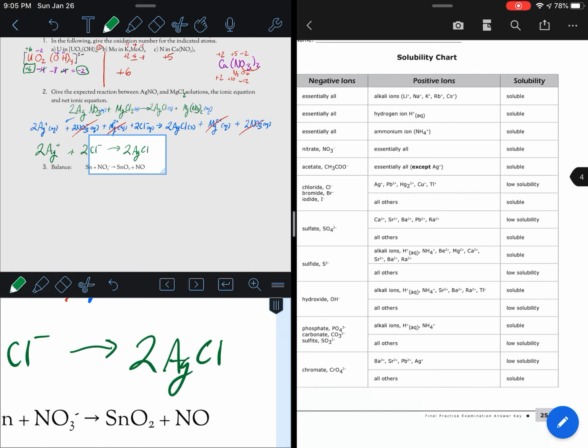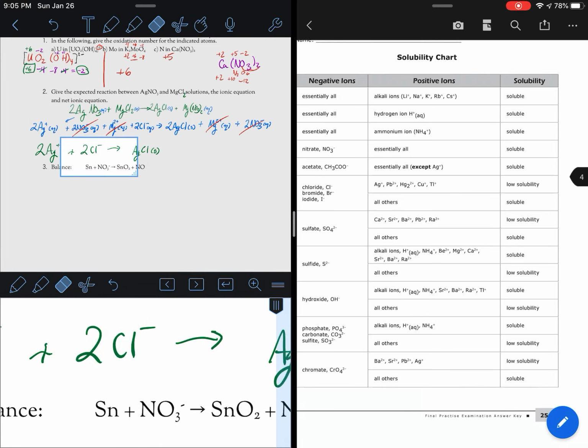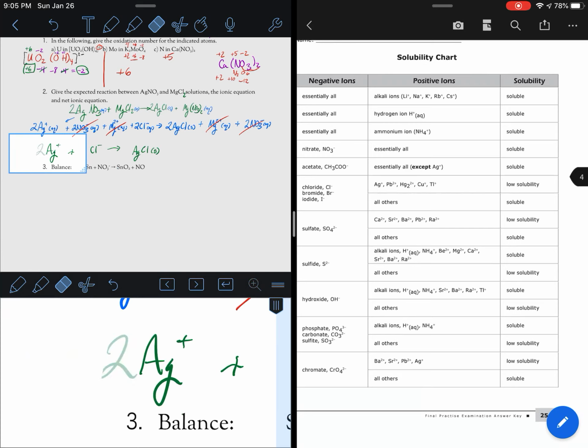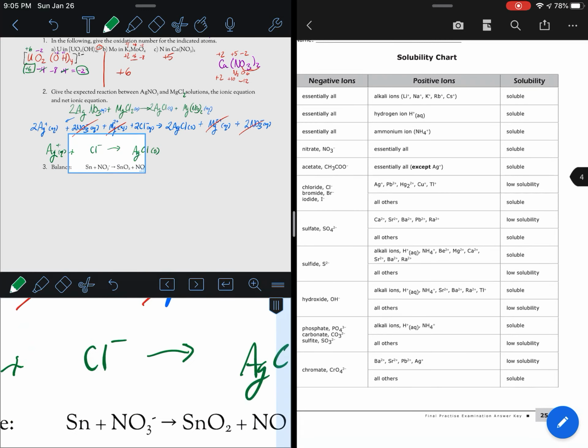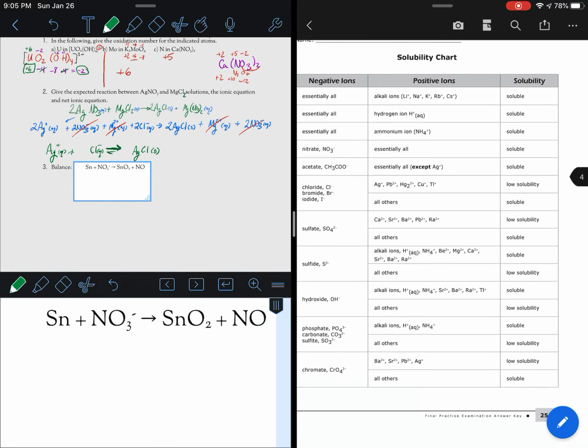Now, it's actually quite important that we reduce down, because if we don't, we'll have to think about how, if we write this out as an equilibrium, as we did later in the units, right? If this is actually truly an equilibrium, not a one-way street like our solubility chart makes us think, then if you include those 2's, those are going to become squares on your equilibrium expression, and we don't want that.